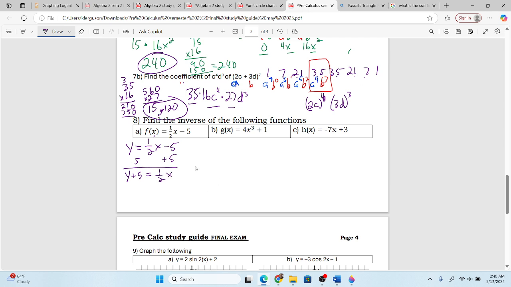I need to get rid of the 1 half. So how do I get rid of the 1 half? Well, I do the opposite of what 1 half is. What's the opposite of 1 half? If I multiply times 2, because 2 times 1 half is 1, they cancel each other out. So I'm going to multiply both sides by 2.